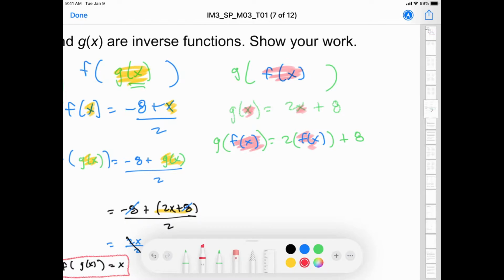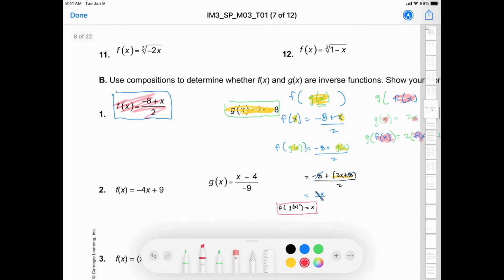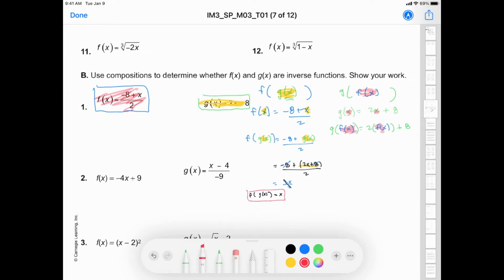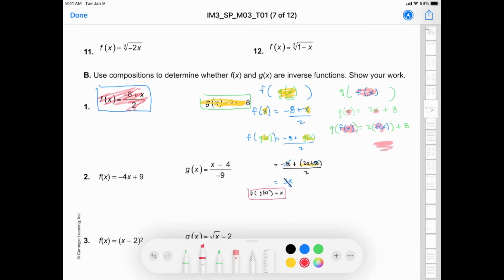Well, instead of writing f of x, you go back over here, you're going to be writing negative 8 plus x plus 2. Let's write that. Equals 2 times negative 8 plus x over 2 plus 8.